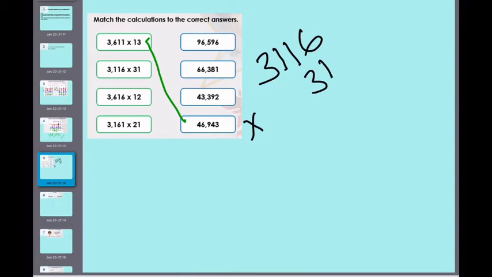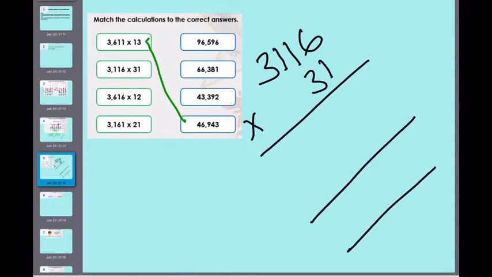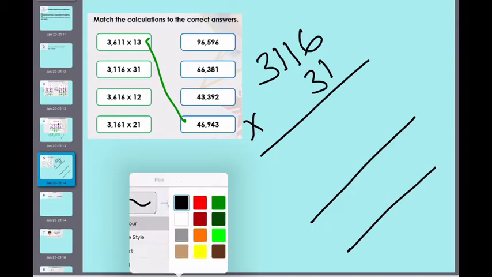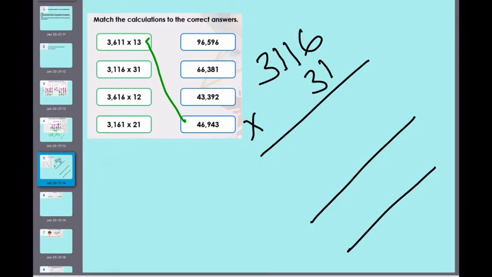multiplied by 31. Very similar but not the same. So again, starting with my ones, and hopefully you've done the same as I have. I'm doing 1. 1 times 6 is 6. 1 times 1 is 1. 1 times 1 is 1. 1 times 3 is 3.